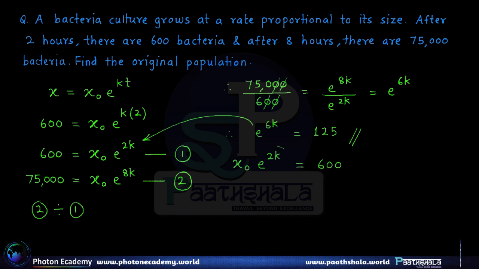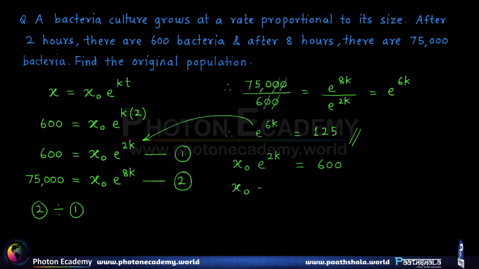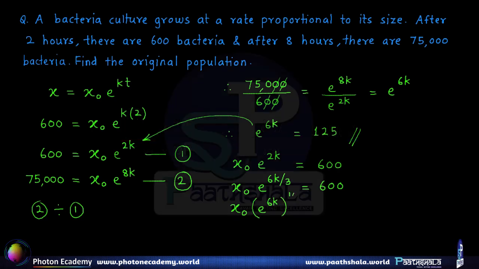We don't know what is e raised to 2k, but we can adjust that in terms of e raised to 6k. Because we can write e raised to 2k as e raised to 6k upon 3, that gives us 600, and this we can write as e raised to 6k whole raised to 1 by 3 using laws of indices to be equal to 600.